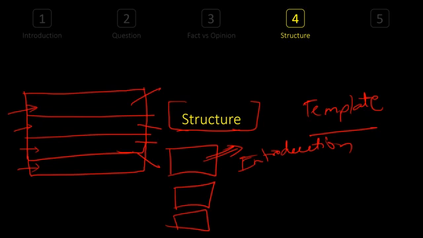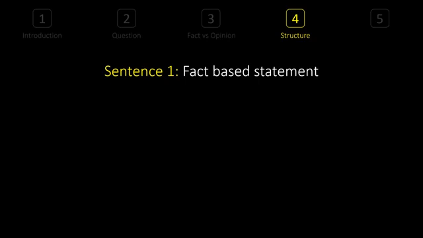The first sentence of the structure is a fact-based statement. What is a fact-based statement? I think we have seen what a fact is in a question. Based on that fact, we create a general statement.